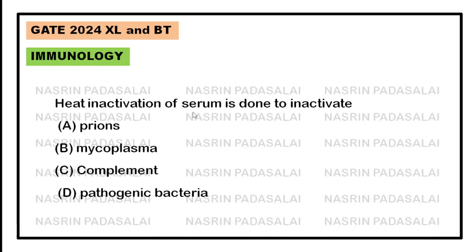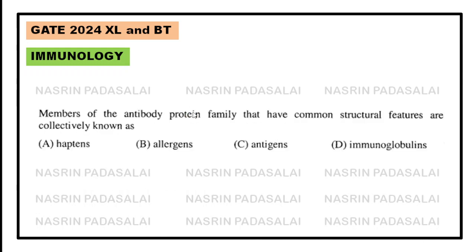Since the serum is taken from blood, it has a few complement proteins, and we need to inactivate those complement proteins. If the complement protein is not inactivated, it will lead to complement mediated cell lysis and ultimately completely destroy the cells that you are growing in the lab. A second important role is that serum is heat inactivated in order to destroy mycoplasma, so it prevents the cells from mycoplasma contamination. For both purposes, serum is heat inactivated.